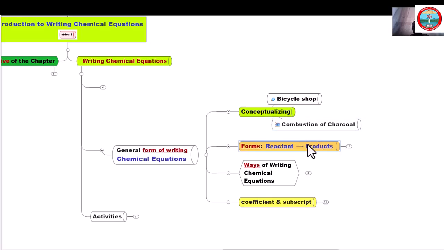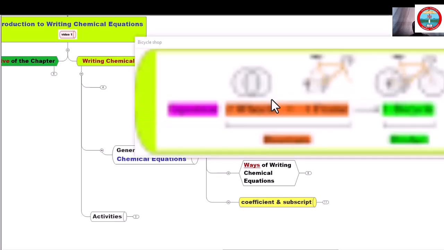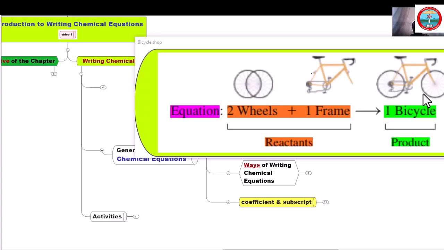Before explaining this, let me conceptualize the chemical reaction with a bicycle shop and the combustion of charcoal. For the production of a bicycle in a bicycle shop, we need 2 wheels and 1 frame to produce 1 bicycle. These 2 wheels and 1 frame are considered the raw materials, which in chemistry concepts are the reactants, and the produced bicycle is considered the product.